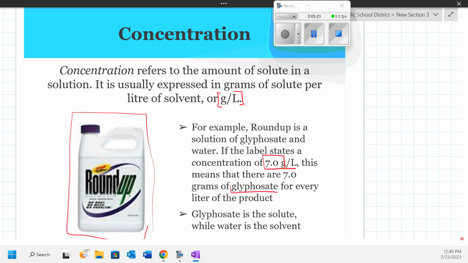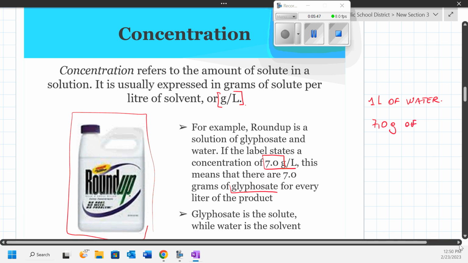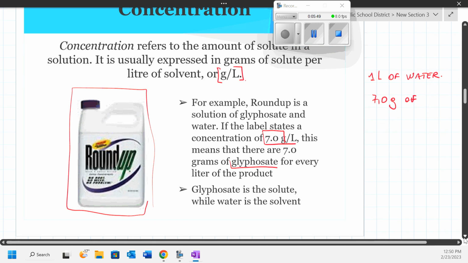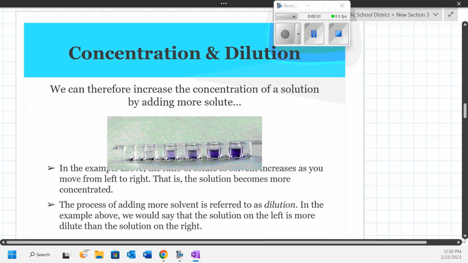Glyphosate is the solute while water is the solvent. So you will see that in 1 liter of water, you are dissolving 7.0 grams of glyphosate or whatever is the solute. It can be salt, it can be anything.